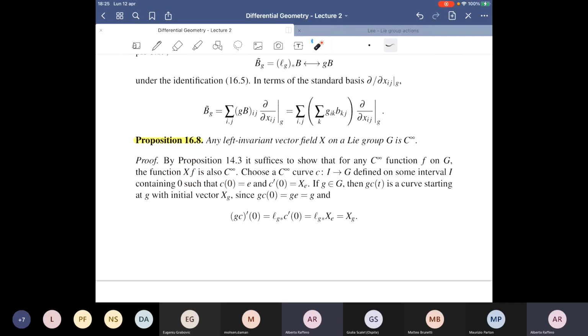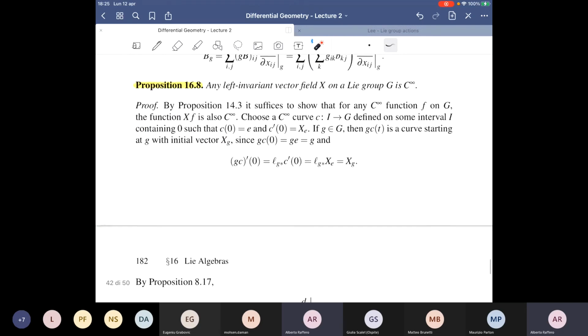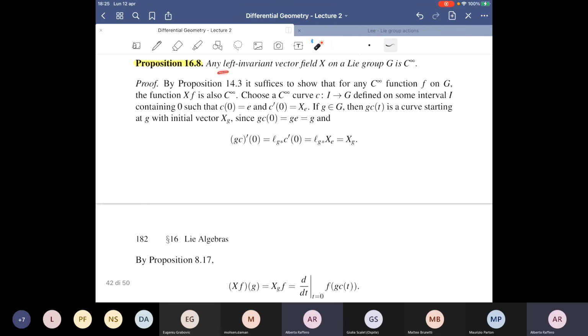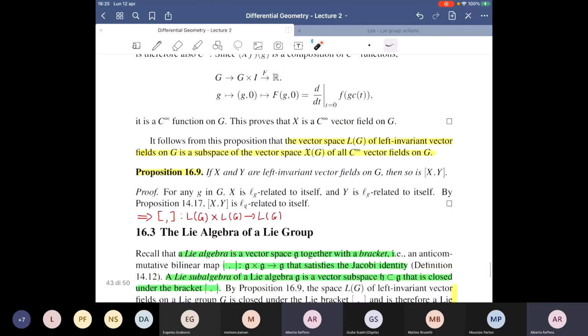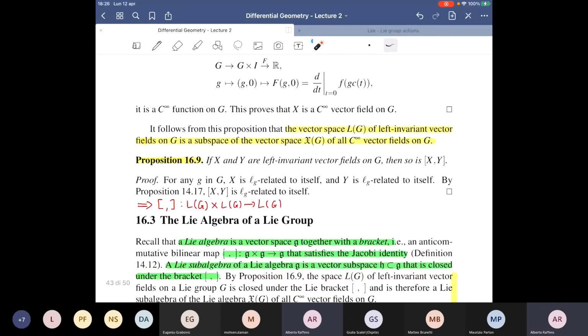And this is just a matter of rewriting this object here using suitable functions. So it is just a computation to prove this result, of course, using the hypothesis that the vector field is left invariant. Okay, so I will skip this one and conclude.